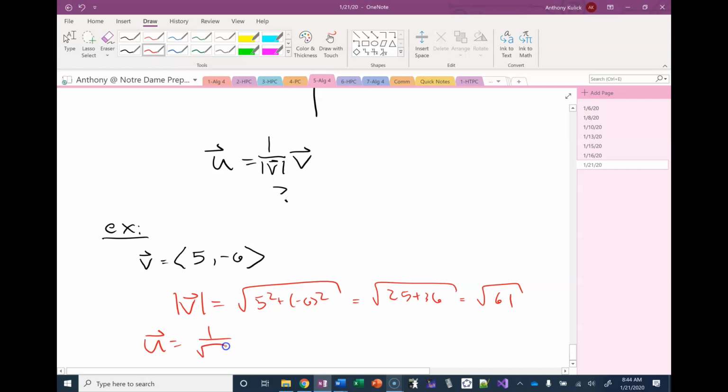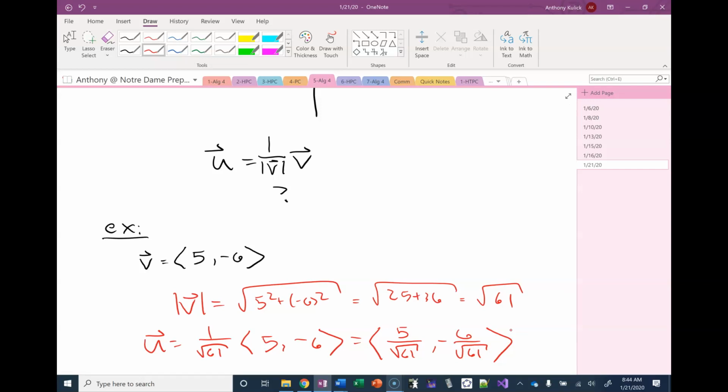So my unit vector in the same direction as v should just then be 1 over the square root of 61 times the vector 5, negative 6. To do that scalar multiplication, I just multiply 1 over the square root of 61 to both the x and y component.